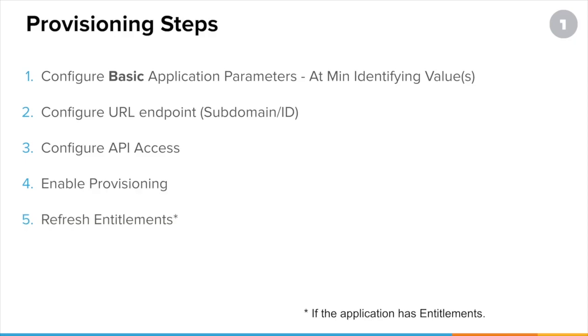Basically, when you refresh entitlements, OneLogin is taking that API access that you've set up, connecting to the application, and querying for multi-valued fields that already exist within the application. So for example, for Office 365, it would be querying for what Office 365 groups you have already created. Or for Google, it's going to be querying for your Google groups.